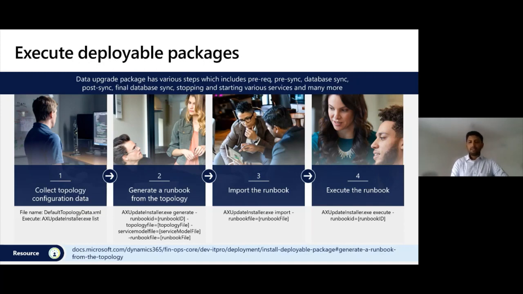And then we have scripts called release DB scripts, and those release DB scripts will be executed to convert your data from AX 2012 to D365. And then finally, we'll be synchronizing all the metadata from 2012 to D365. All this happens when you execute the deployable package in your dev environment.